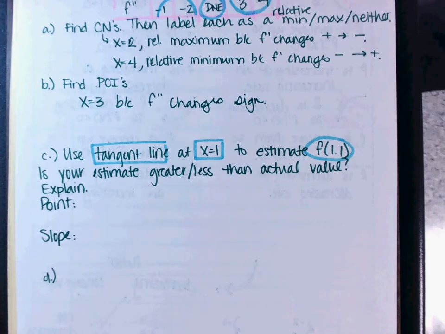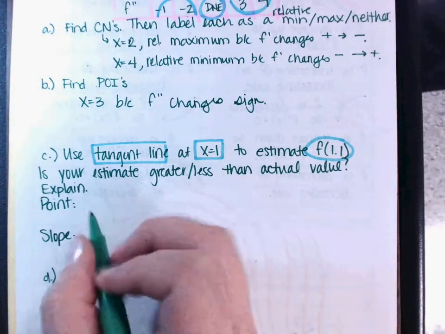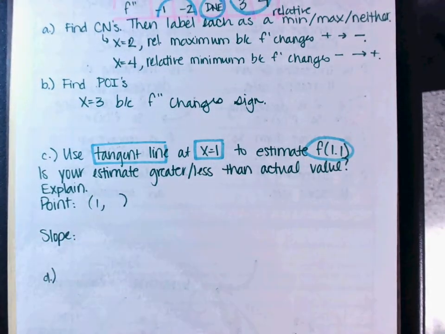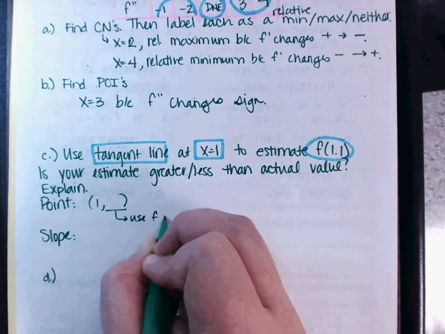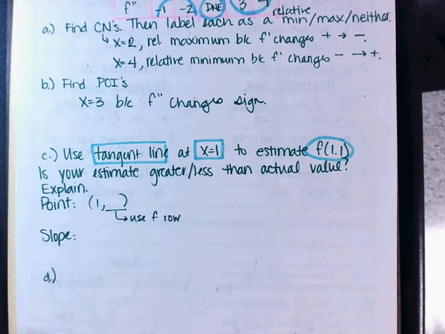It was given to you. 1. When I get the y of my point, will I use f, f prime, or f double prime? f. So I'm going to put right here, use the f row. If I want the other half of my point, I need to find f of 1. So look at your chart. What is f of 1 equal to?